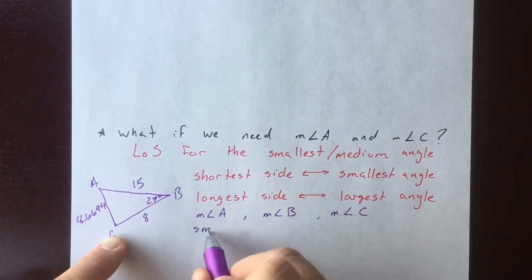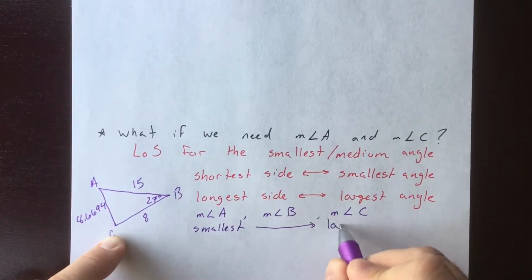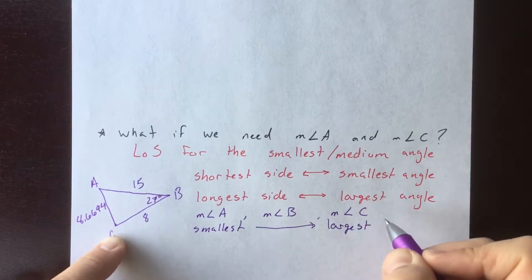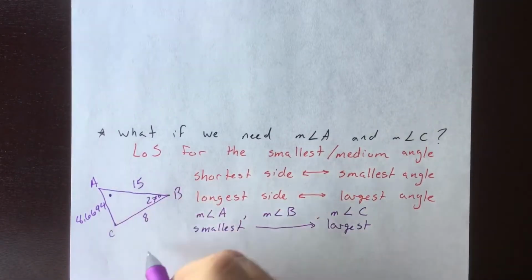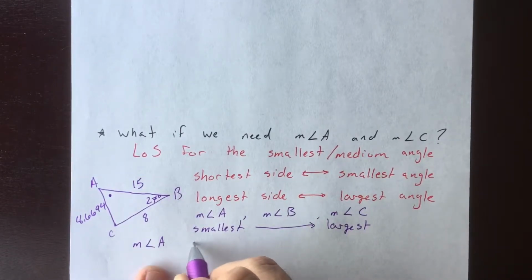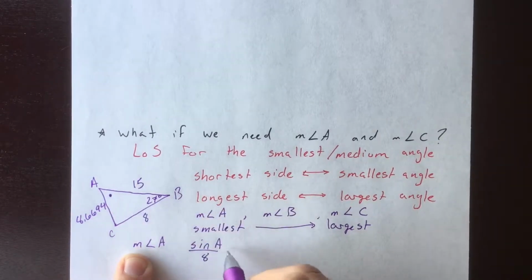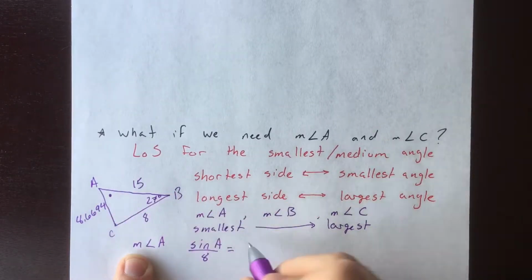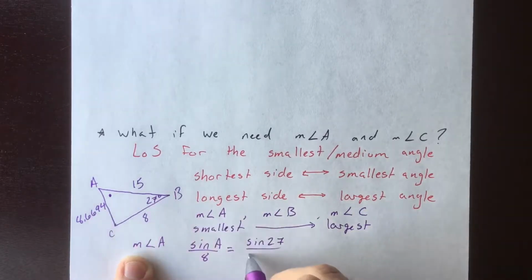So we have the smallest increasing to the largest. So law of sine to find what will be angle A. Okay. So we have, let's do this. We have sine of angle A divided by its length, and sine of angle B divided by its length.